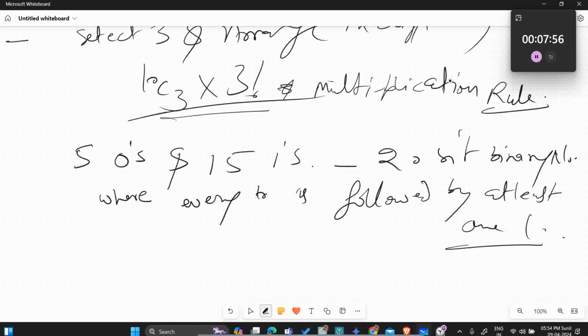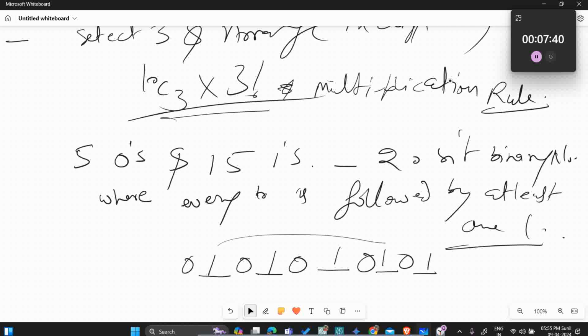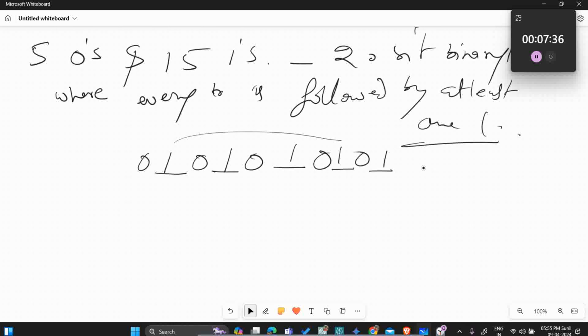So we have five zeros here, 1, 2, 3, 4, 5. And we can put ones all here. These five ones are distributed, but now we have places to put them: 1, 2, 3, 4, 5, and 6 places to put the rest of the 10.